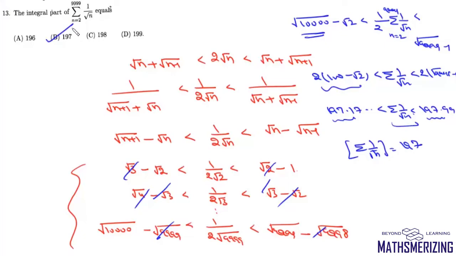Now question number 14 is, let a n be the number of subsets of 1 up to n that do not contain any two consecutive integers, then a n is which of the following? So when we say it is a n, it will have all the numbers from 1, 2, 3 up to n minus 1 and n. We'll consider two cases.